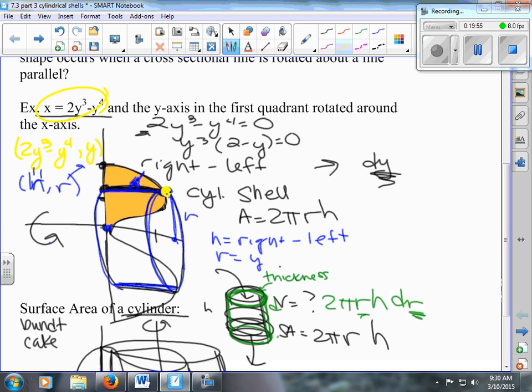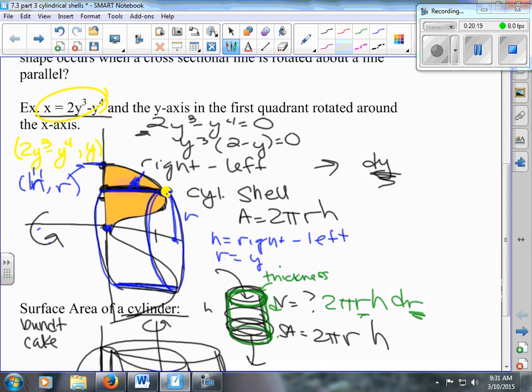The top is the coordinate point y, and the bottom would be the axis of rotation. The bottom will always be the axis of rotation, correct? Radii always go from whatever you're rotating to the axis of rotation. And so if you have the y or x-axis, then it'll be minus 0. But if you have a different line, we'll do one of those.